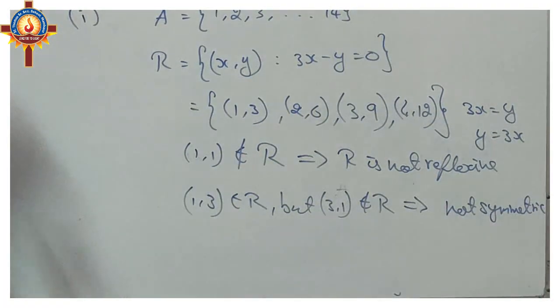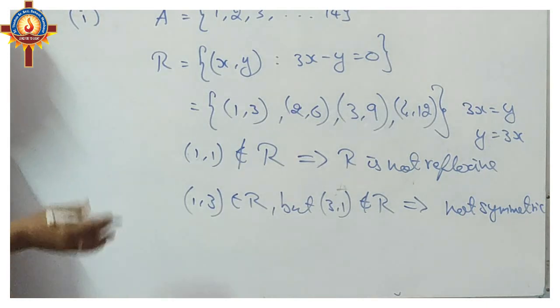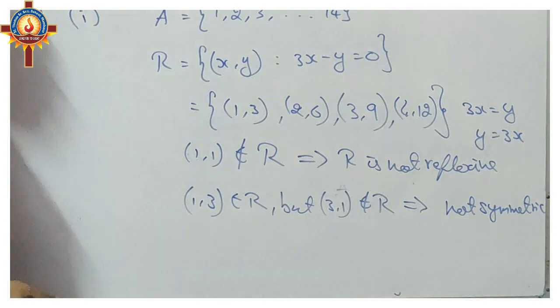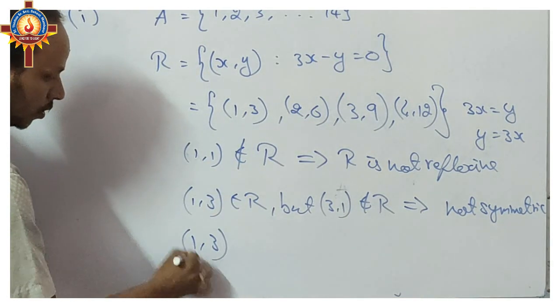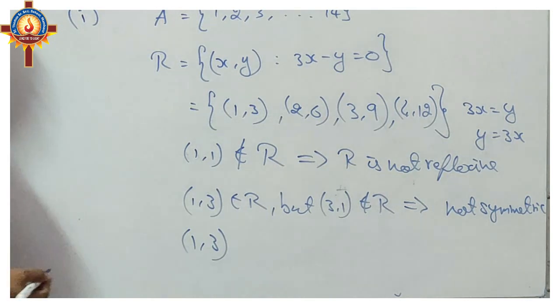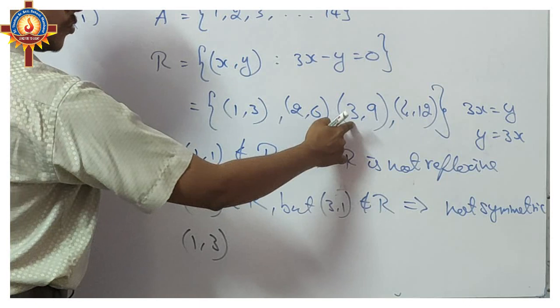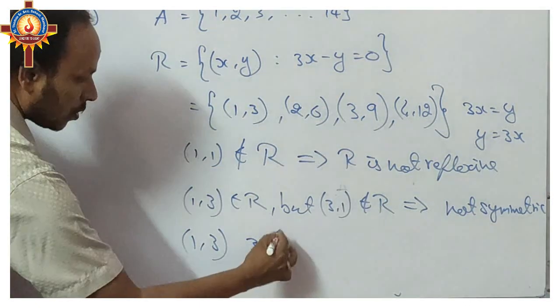Is it transitive? So how to check a relation is transitive or not? If A comma B and B comma C belong to R, then A comma C should belong to R. So here we can say A comma B, that is 1 comma 3 belongs to R. So what is the ordered pair which is starting with 3? It's having the first element 3, that is 3 comma 9.